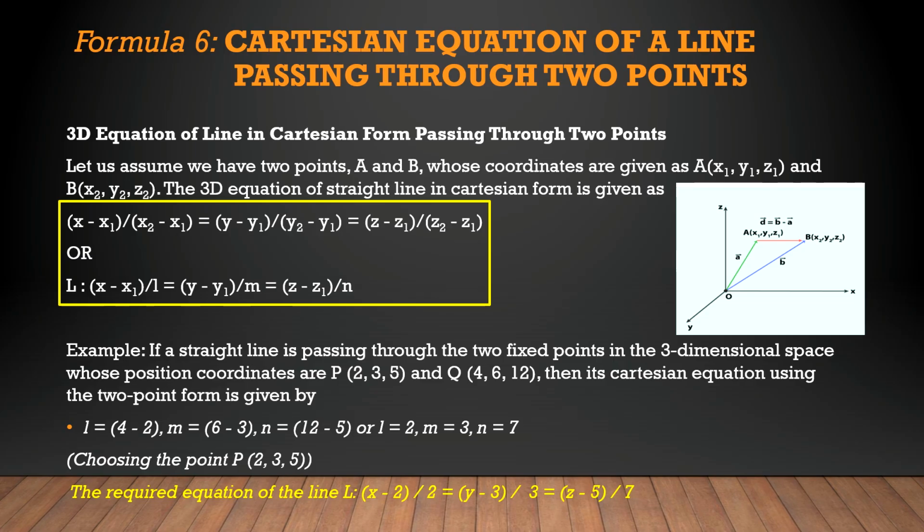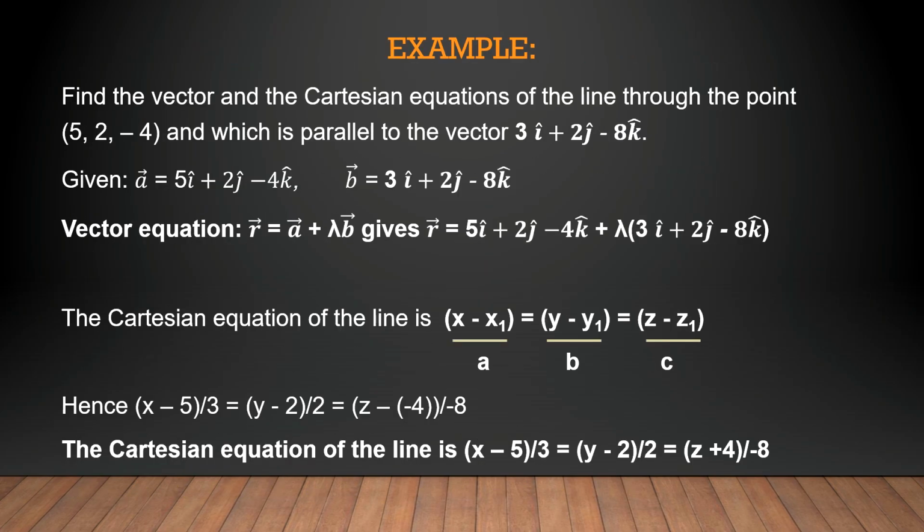Now you can consider any one point because both the points are on the line. Say we consider point P having 2, 3, 5. So it will be x minus 2 upon our l value, which is 2, equal to y minus 3 upon 3 and z minus 5 upon 7. This example will make the previous formulas clear.